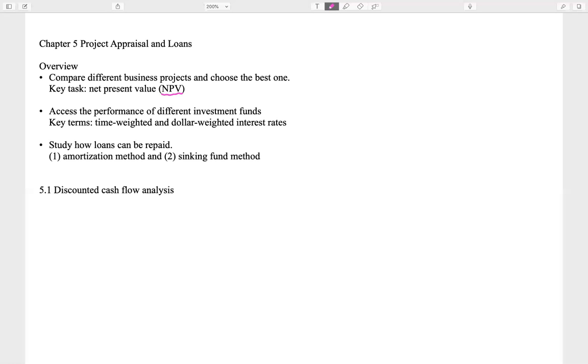In the last task, we study how loans can be repaid. Arguably, the last one is probably the most important one, because throughout our lives, we deal with loans all the time. Maybe even at this moment, some of you might have taken student loans to finance your education.